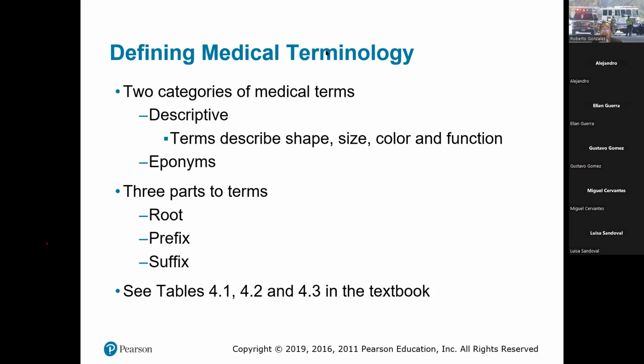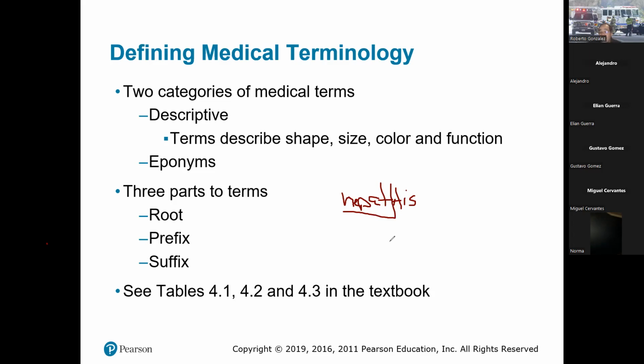So I'm going to give you an example. Let me see if I can write this. Hepatitis. You guys have heard of hepatitis, right? So hepatitis can actually be broken down into the root word, which is basically hepato.